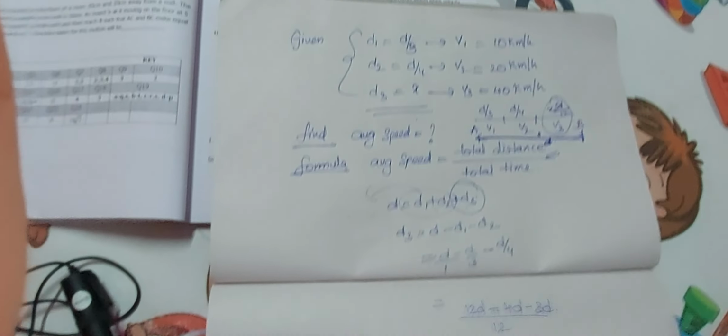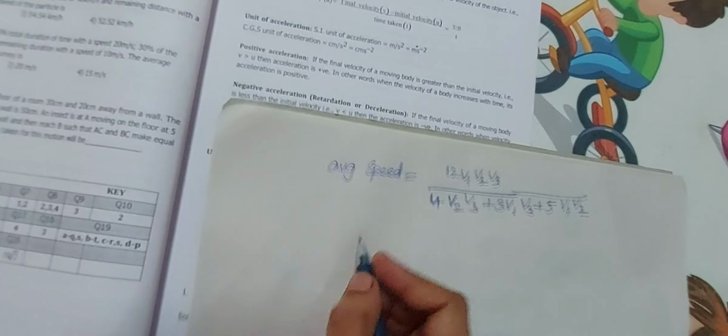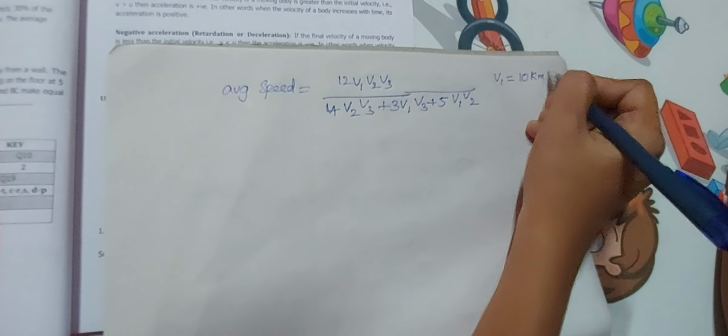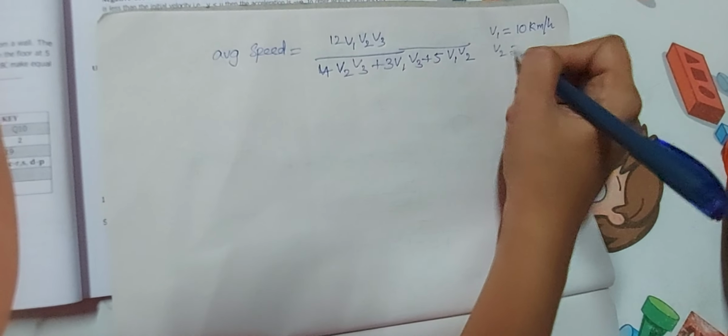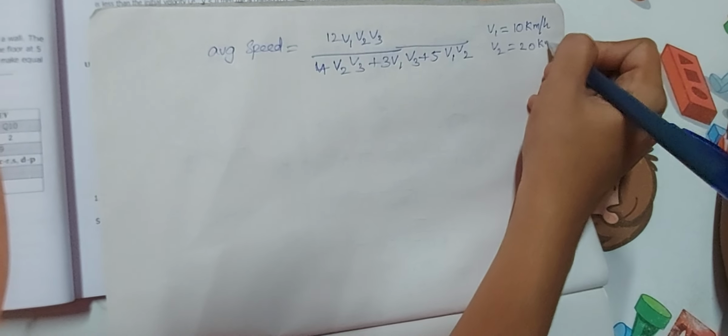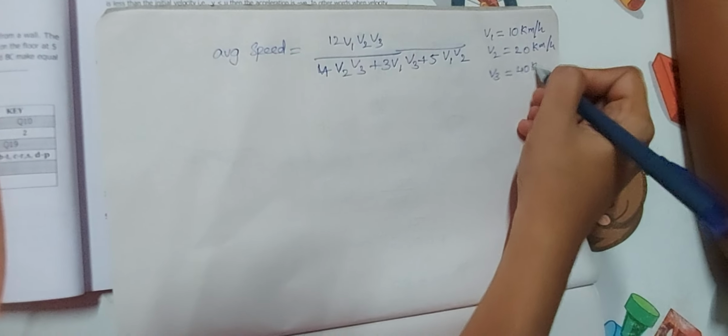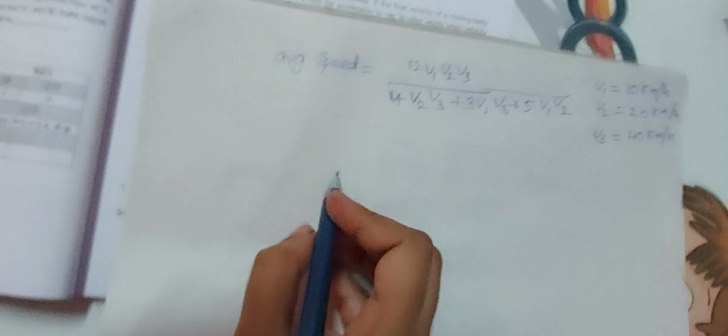We have the values for V1, V2 and V3. What values did we have? V1 is equal to 10 kilometers per hour. V2 is equal to 20 kilometers per hour. And then V3 is equal to 40 kilometers per hour. Simply now substitute. You are going to get the answer.